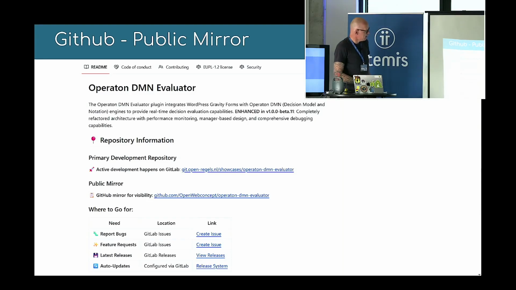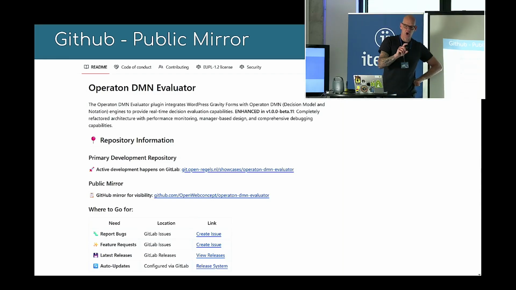Okay, where do you find it? It's on GitHub, but why is it on GitHub? Because the primary development is on a self-hosted GitLab Community Edition, but Gravity Forms is part of an open web concept WordPress environment. About 30 municipalities in the Netherlands are using WordPress with Gravity Forms.